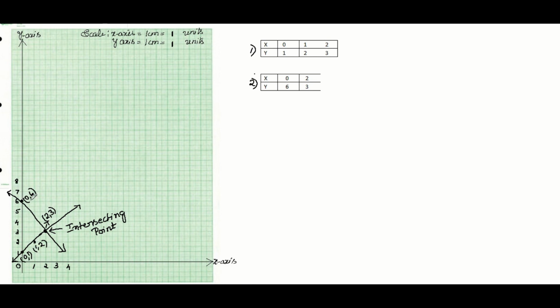Okay, so here in the question they have asked to find out the vertices of a triangle. Here you can see this intersection point will make a triangle. Okay, I will be taking this point as A, this intersection point as B and this 0 comma 1 point as C. Fine, a triangle has been formed here.